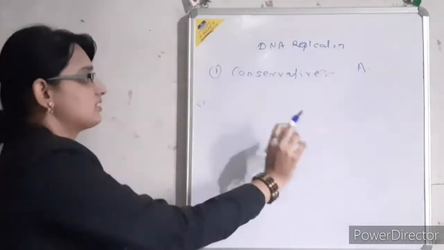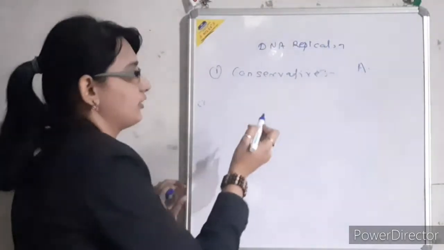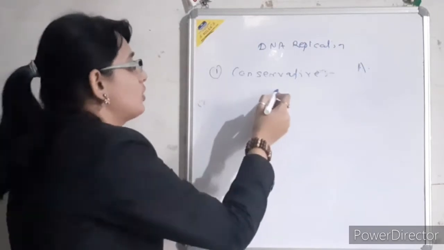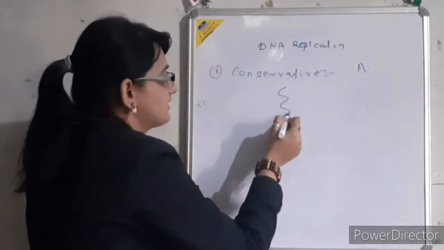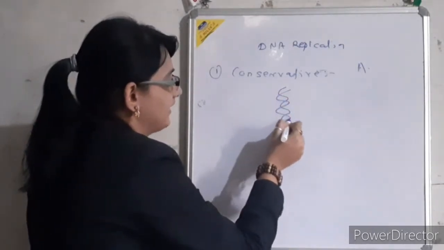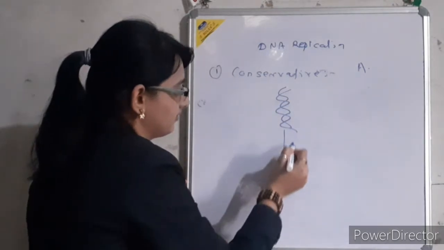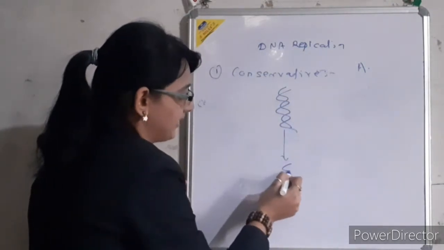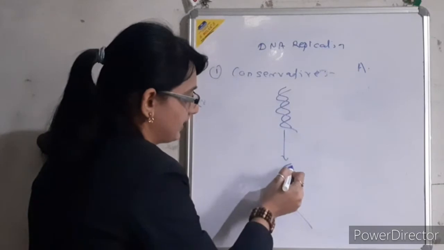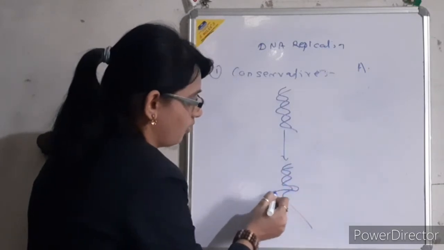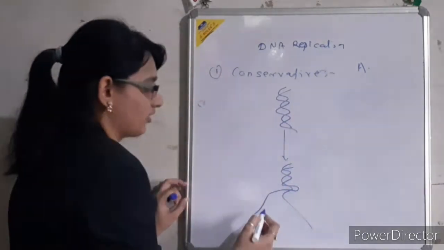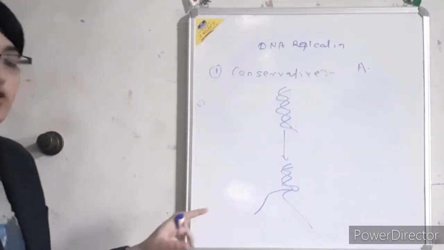This is the first type of DNA replication, the conservative type. In this type, this is the parental DNA. It starts to replicate, shows unwinding, and forms the Y-shaped fork structure.